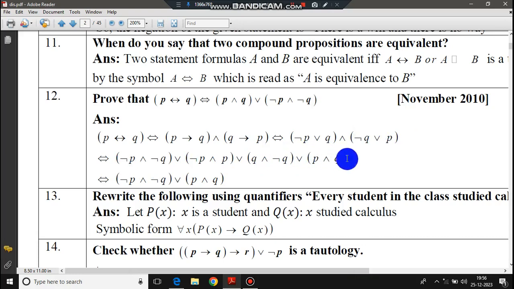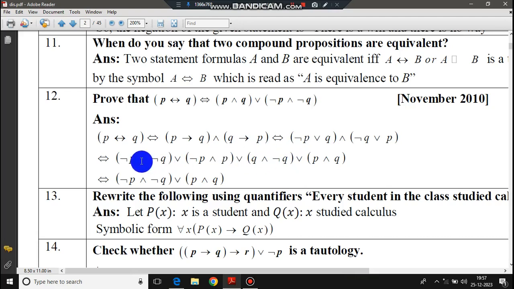Now look at that, negation P and negation Q are negation P and negation Q, because here negation P and P, and Q and negation Q, these two are tautology. So tautology is equal to tautology.